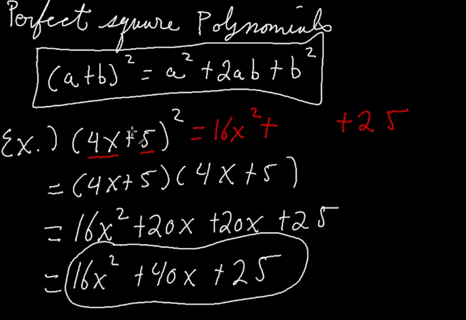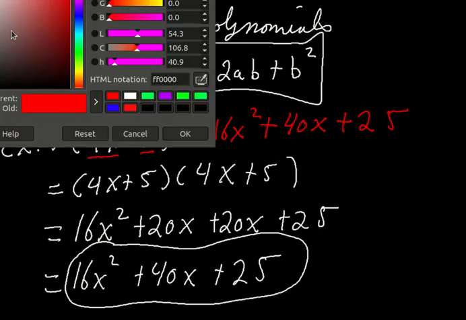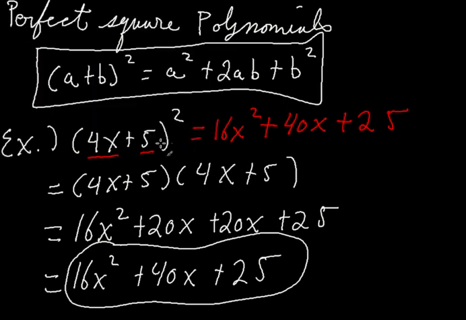Well, 4 times 5 is 20. If we times that by the 2, we get 40. So 40x, okay? Again, I'm making a note that this is a special kind and that we're going to see these a lot, but you don't have to use the formula to understand these problems. It's just that when we try to understand factoring, it's good to notice what type of problem we're looking at.